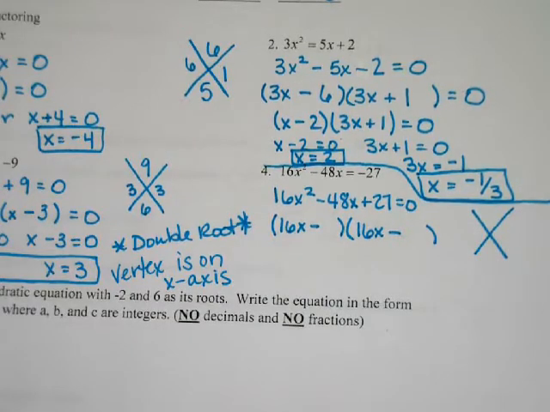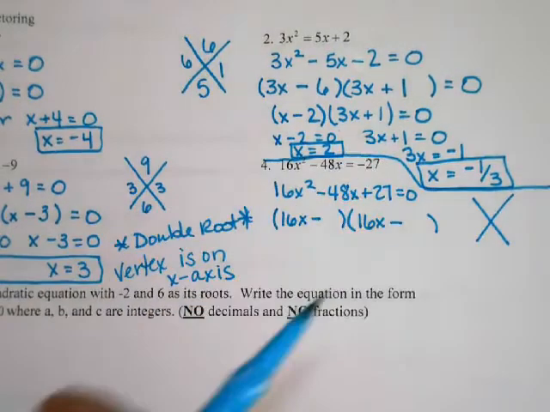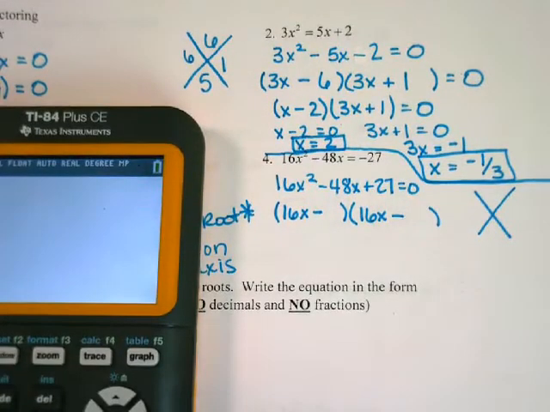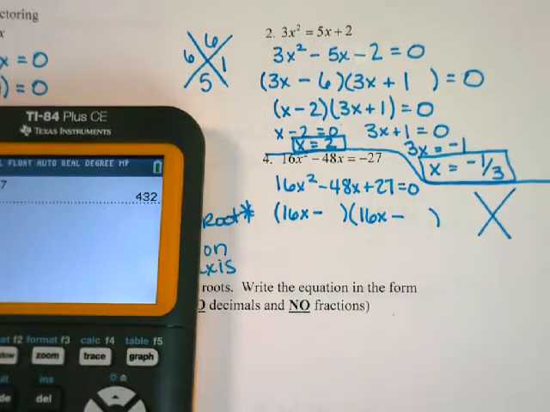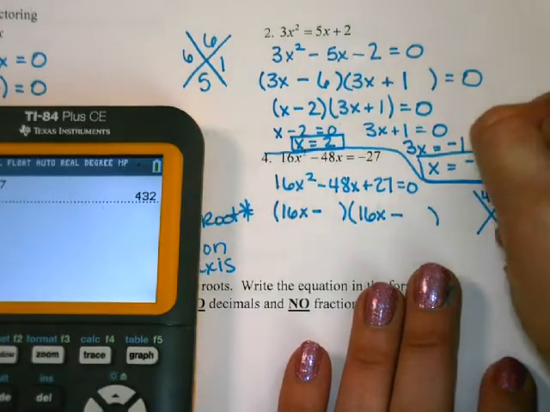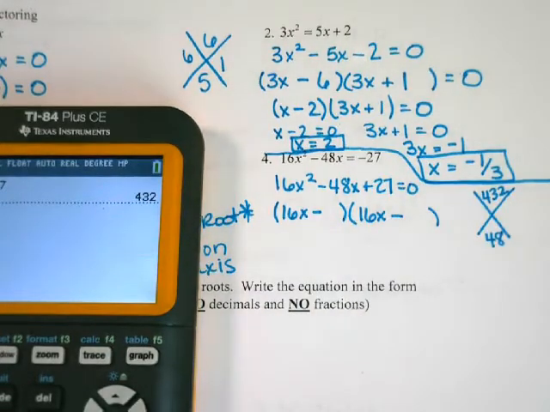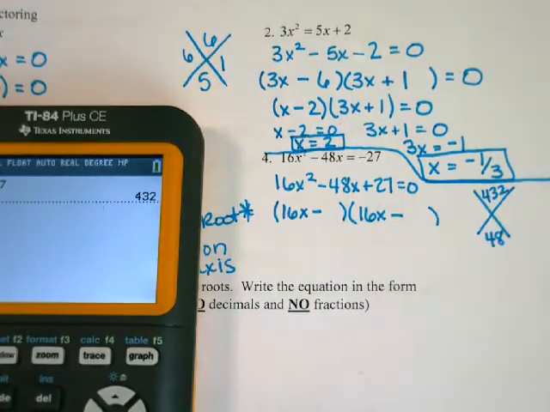I have a coefficient of 16, so what do I have to remember to do? Multiply 27 and 16. Well, I'd like to say I would know that one. 432, right? 48 goes in the bottom. I don't know about you, but I'm not up on my factors of 432.